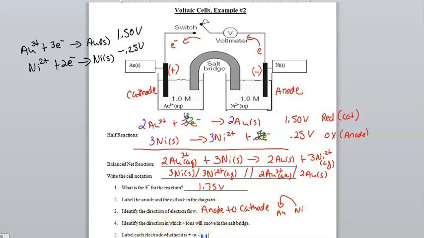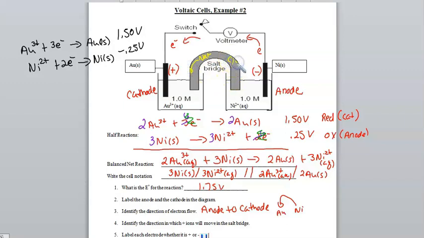Identify the direction of the salt bridge. All right, for this one we'll still use sodium chloride. All right, the cation, which is the sodium, is going to always go towards the cathode. Cation always goes towards the cathode, so that is going to go that direction this time.